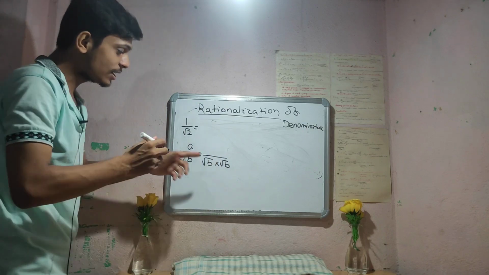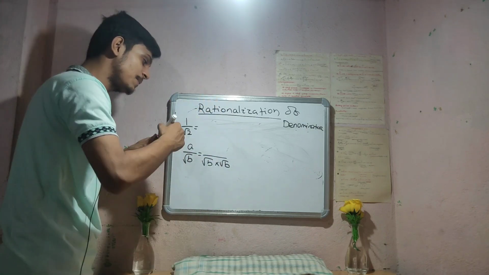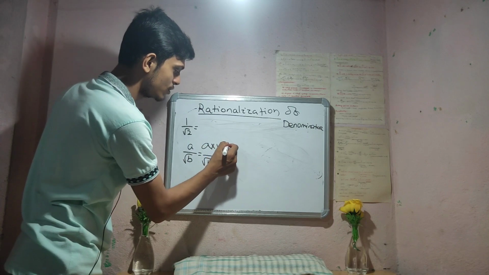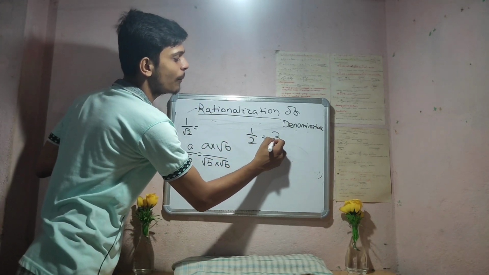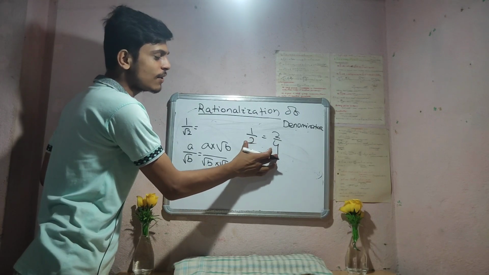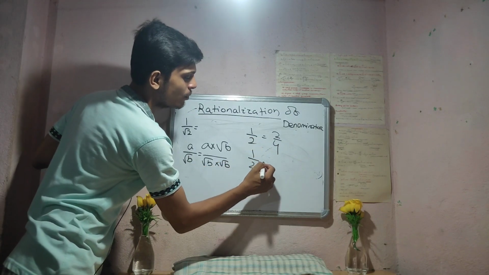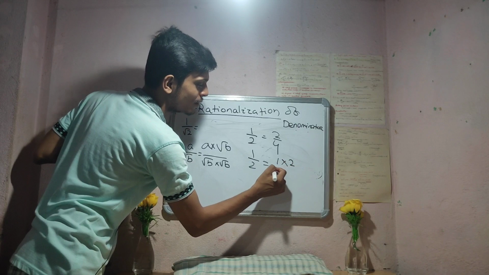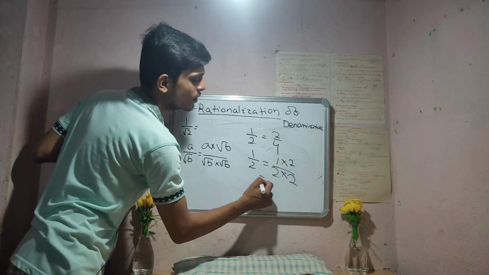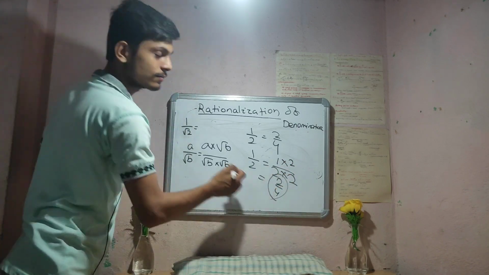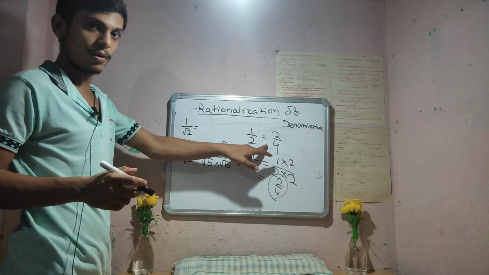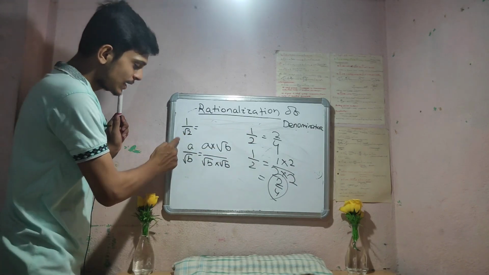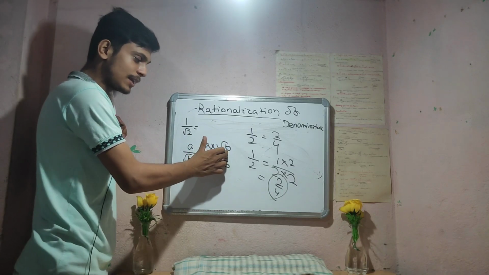If you multiply the denominator, you have to multiply the numerator also to keep it equivalent. See, 1 upon 2 is equal to 2 upon 4. How are these two equivalent? 1 upon 2 can be written as 1 multiplied by 2 and 2 multiplied by 2, which gives 2 upon 4. So these are two equivalent fractions. We have to keep the numerator and the denominator equivalent.